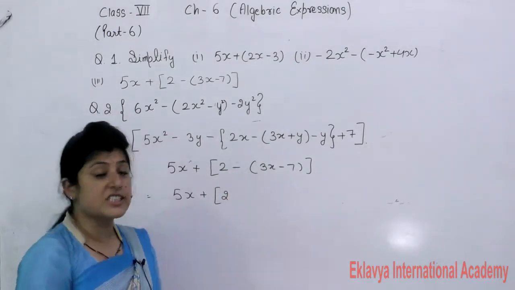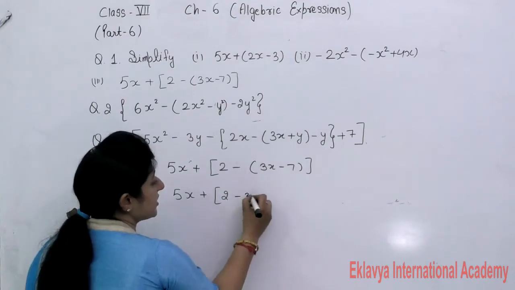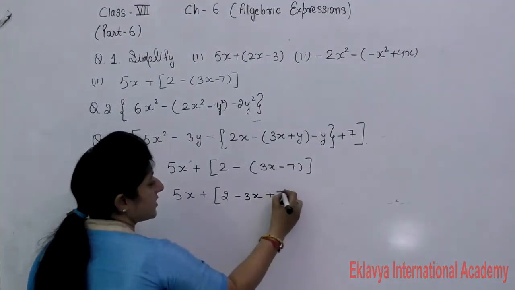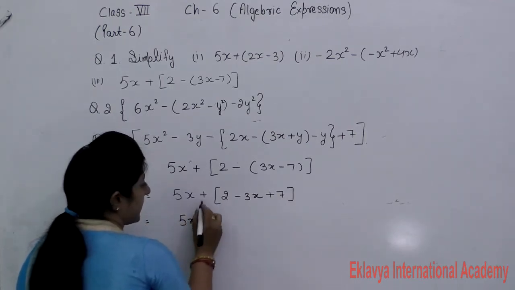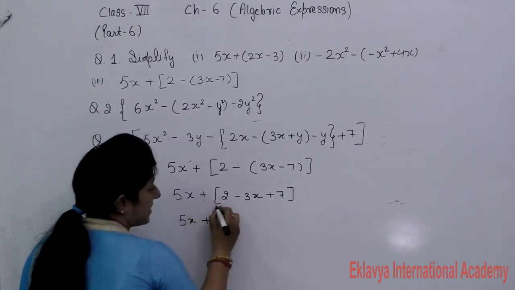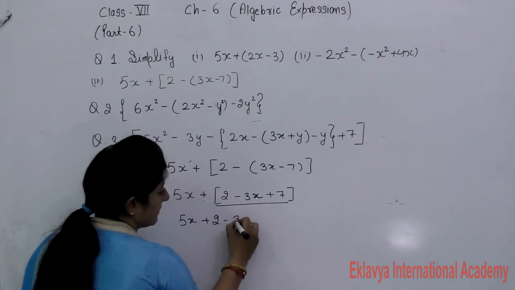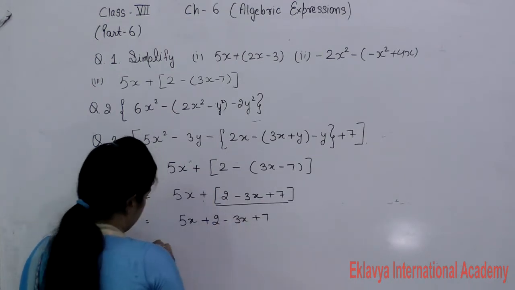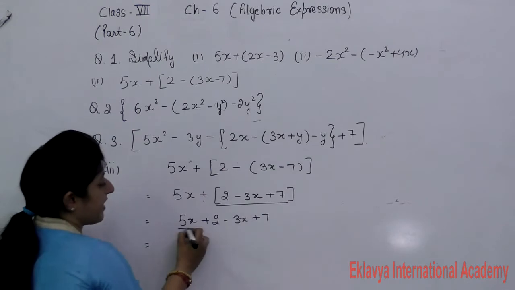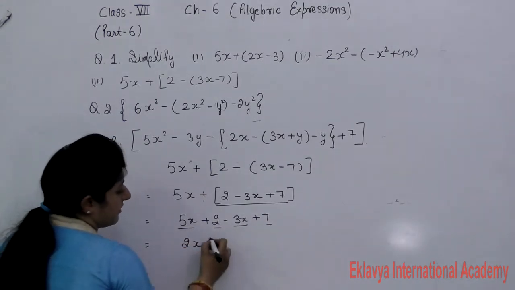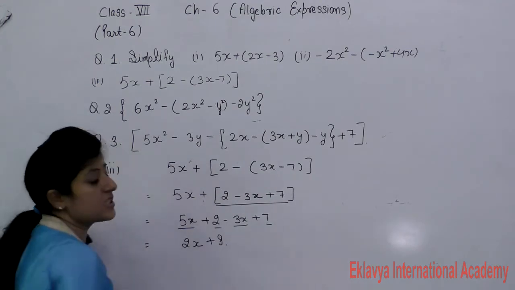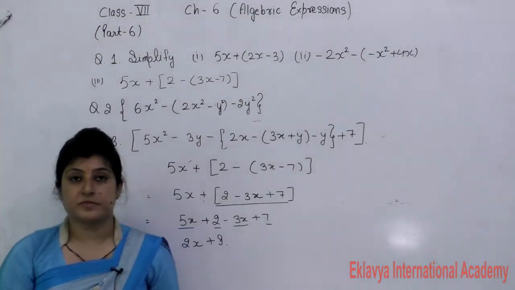It means we will change the sign: plus 3x changes into minus 3x, minus changes into plus. Now solve this bracket, plus, plus, so nothing changes in it. Now see, 5x minus 3x is 2x, plus 2 plus 7 is 9. So this is our answer.